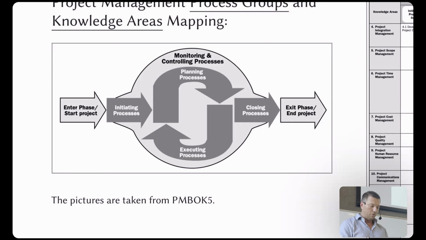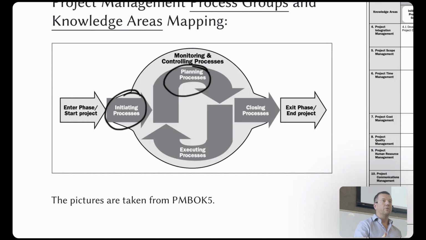There's a cycle of 5 process groups. They call it process groups. On the left side, you see initiating processes. Initiating, so you start something. And then you do planning, so you plan how you're going to do this. And then you execute what should be executed.